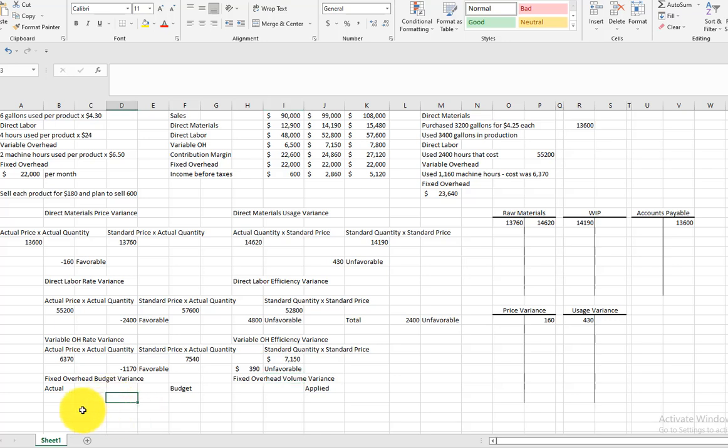And then our actual fixed overhead is $23,640. The budget is $22,000. Our spending variance is unfavorable. We went over our budget.